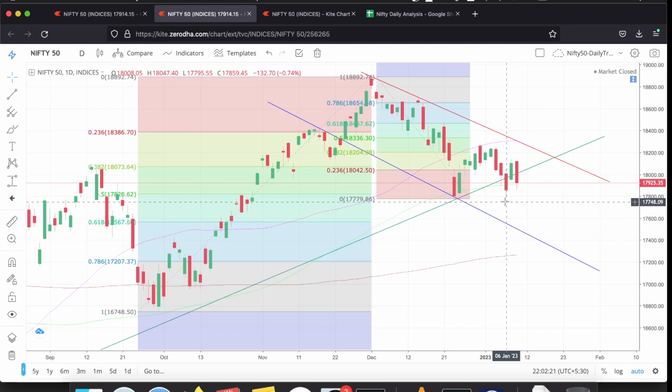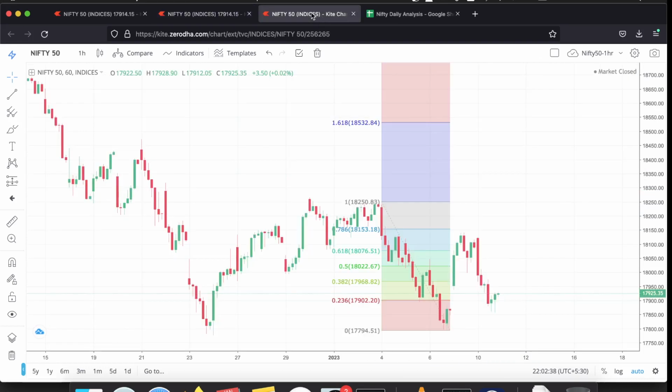So it all depends on how convincingly, how strongly Nifty breaks the nearest supports. So let us also take a little more drill down look at the 1 hour timeline.